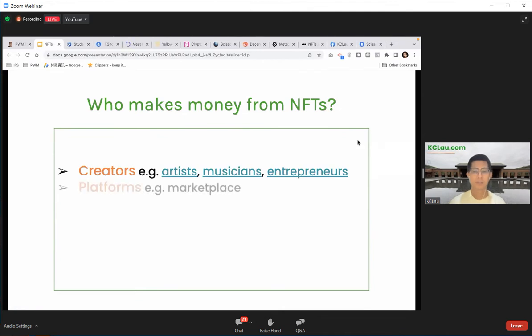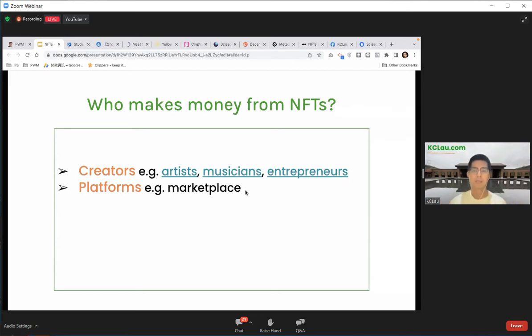And then the second one, the platforms also make money, right? Like OpenSea, whenever there are transactions. So these are also entrepreneurs who make the platforms available. They are in the business. For example, just like the gold rush, we always talk about that example, right? Back then, a lot of people flocked to San Francisco to mine gold, but a lot of people didn't get any gold after the hard work.